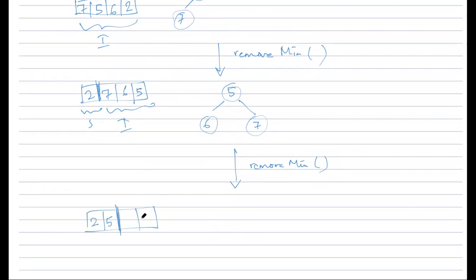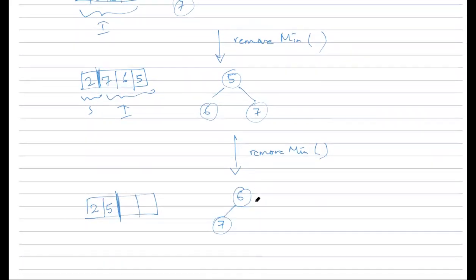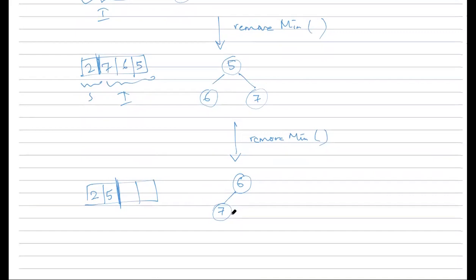And then you have the remaining entries, which maintain the heap order property after removal of 5. So 6 and 7. So again, reverse order. So 6 and 7. This is your unsorted. This is the sorted.